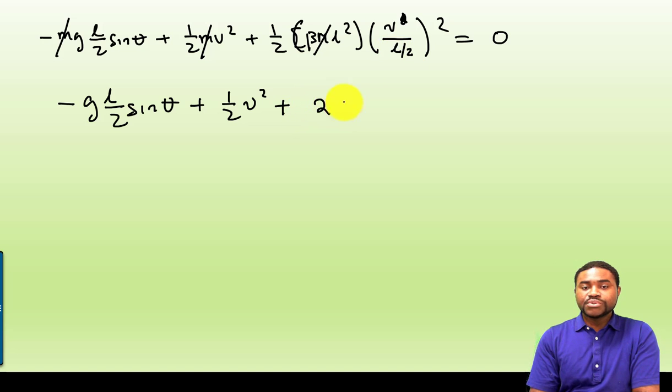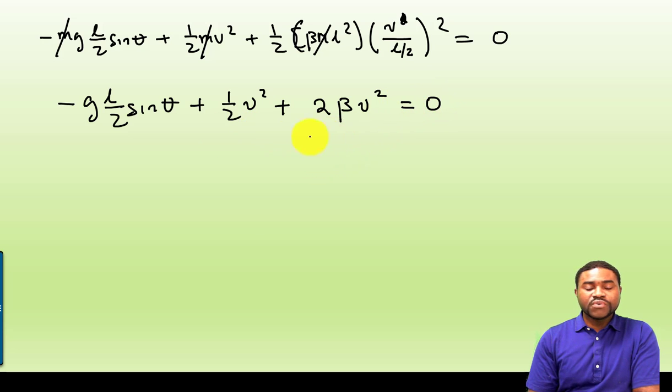This should be 2 beta L squared divided by L squared. So the L's, I believe, will take care of each other. So this will be 2 beta v squared. All of this should be equal to 0.